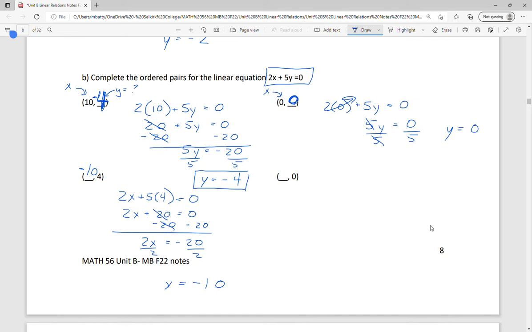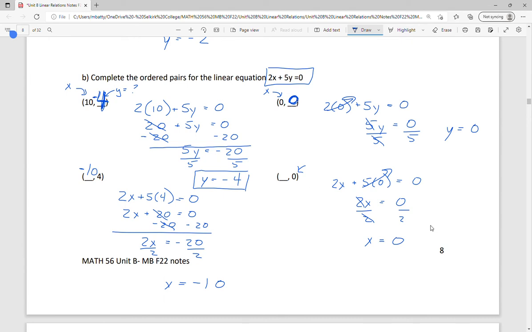Last one, you might notice you don't really need to do this one. What this one's saying is, what is x when y is 0? Having a strategy when you don't see through to the answer is good, because you could have just seen through to the answer. We've already done this one, right? If x is 0, y is 0.